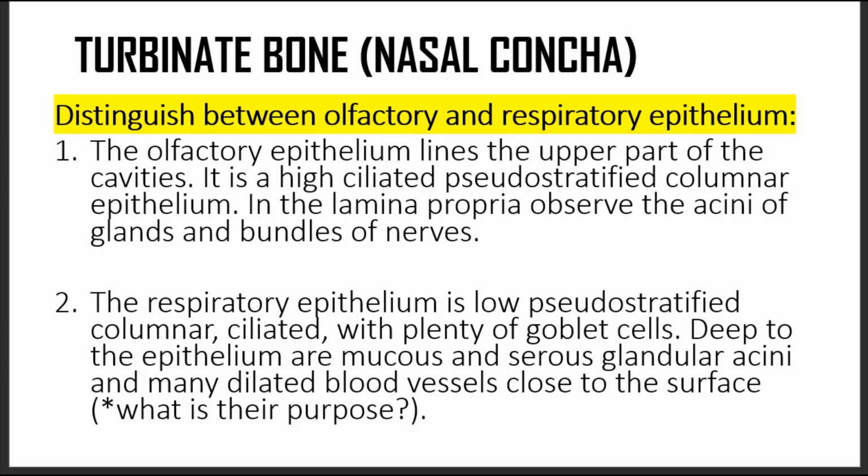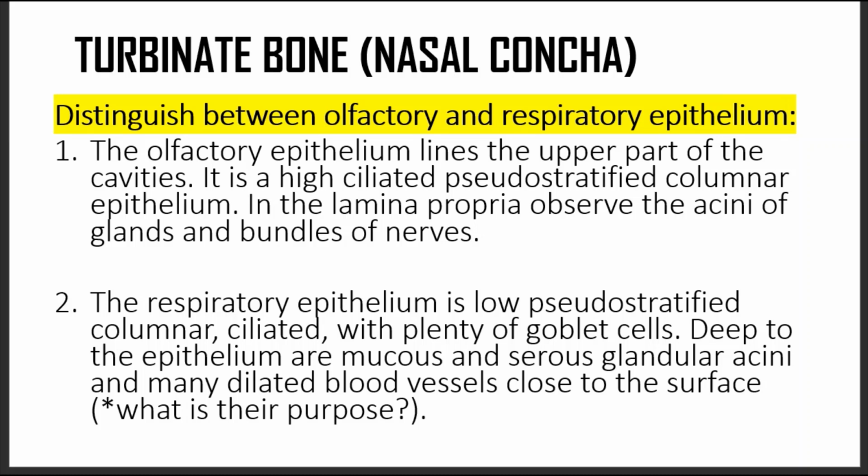The respiratory epithelia further has plenty of goblet cells. You're going to see a lot of goblet cells in the respiratory epithelia, whilst in the olfactory epithelia there won't be any goblet cells. That's the second difference. Deep to the epithelia are mucus and serous glandular acini and many dilated blood vessels to the surface.